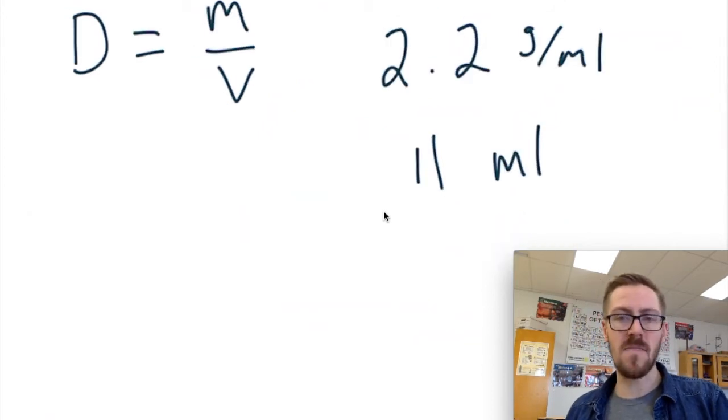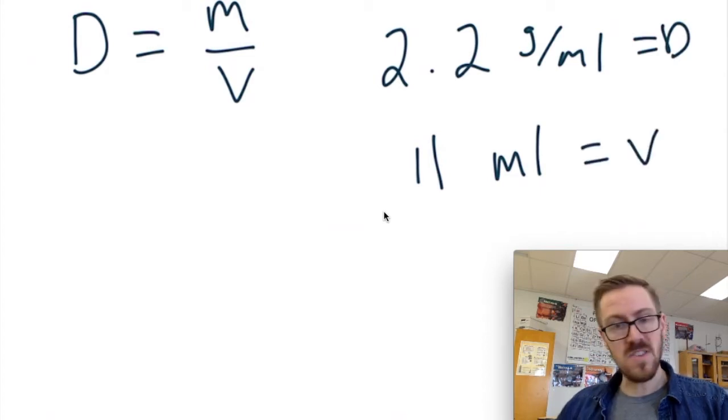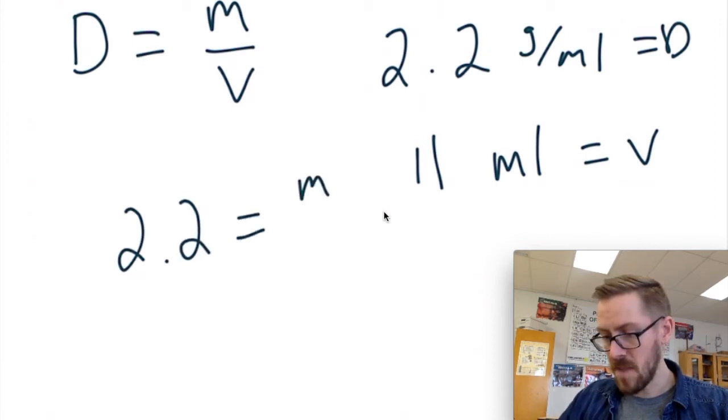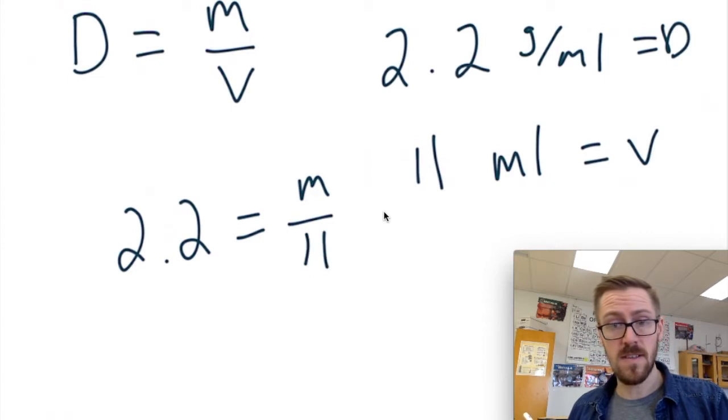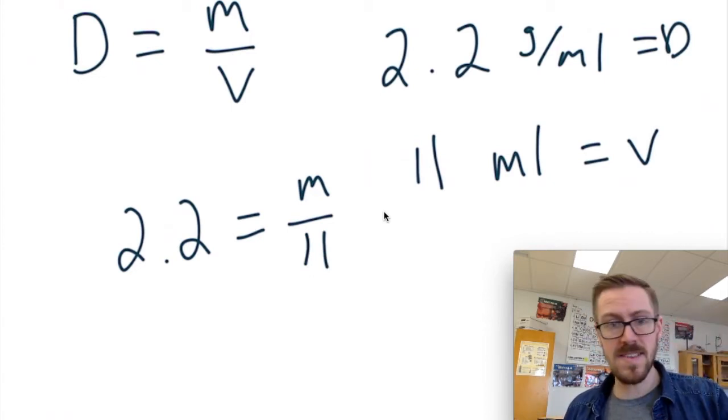Okay, let's try another one. The other style of problem is if I give you a density and a volume. So when I plug these in, I get 2.2 equals m over 11. Now, all I have to do there is a little bit of algebra, which is very easy to do.